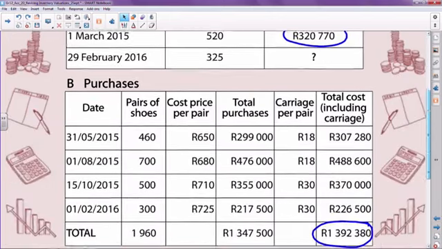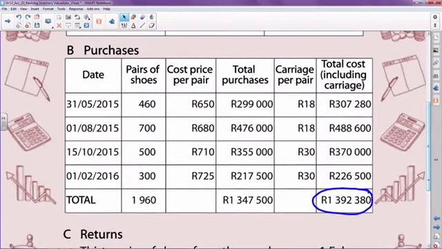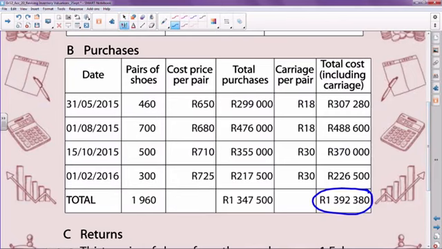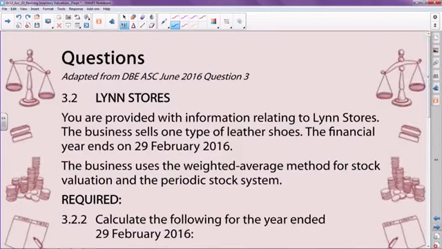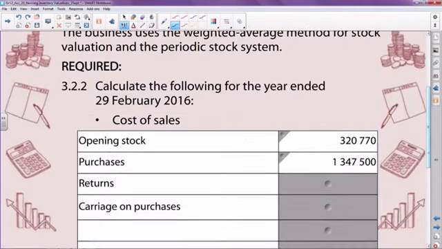Now watch this here. That figure of 1,392,380 included my carriage. Important, it included my carriage. The purchases figure was 1,347,500. Therefore, in your calculation, you're going to put the purchases figure as 1,347,500.